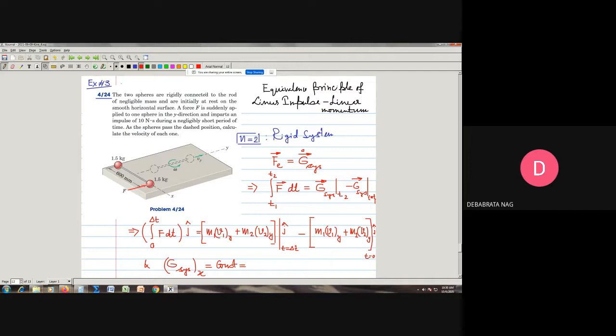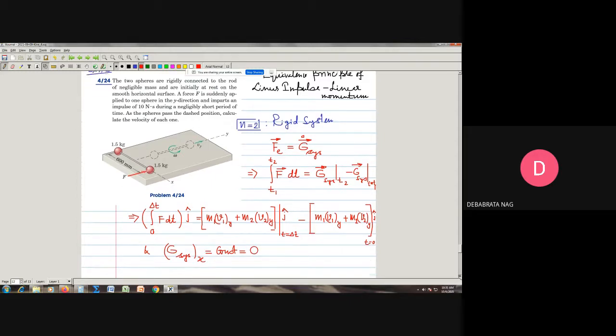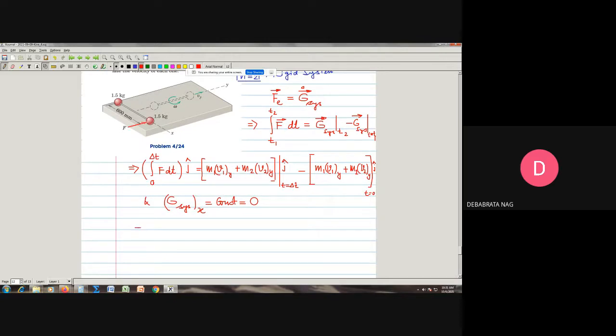Initially your system is at rest, so this is going to be 0. In other words, m1 v1x plus m2 v2x is always equal to 0. So this is our second equation, and this is our first equation.